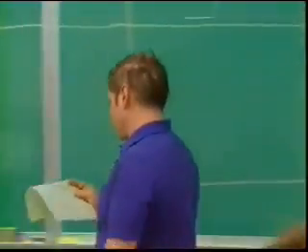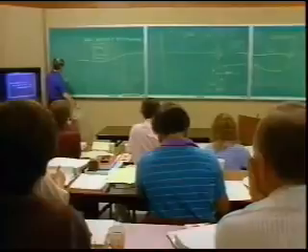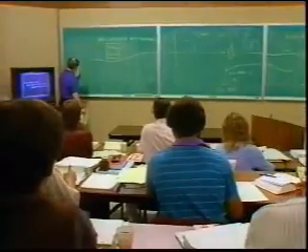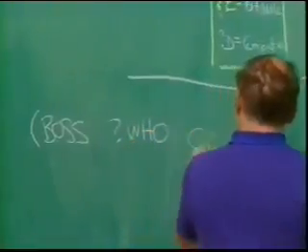The first technical point is that I might have said something else. I might have said, who's a boss in the computer division? So I might say boss of who in computer division.